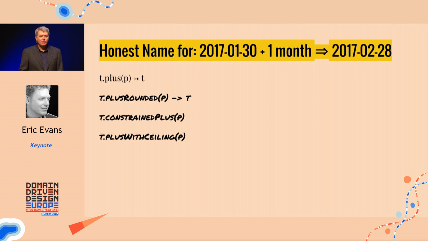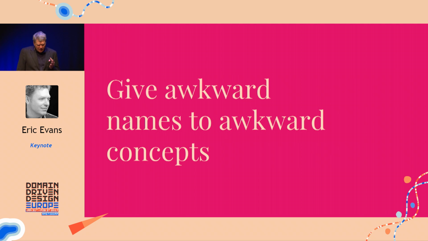I can think of a lot of possible names, and I would just come up with lots of names. And I'd brainstorm names with other people. And then I would give it one of these types of names. The thing is that I think there's value in giving awkward concepts awkward names.